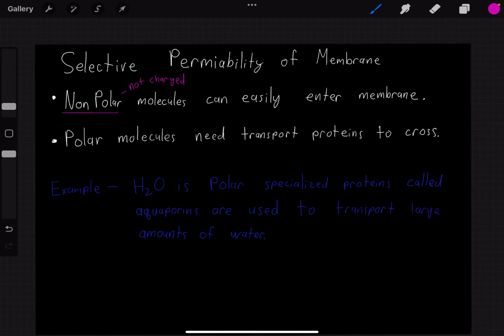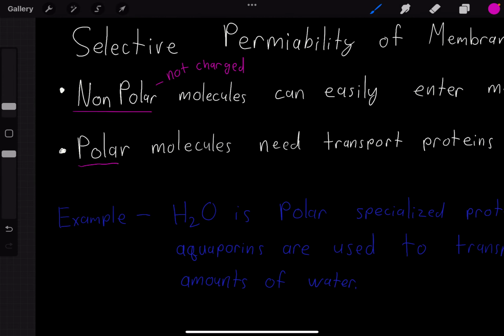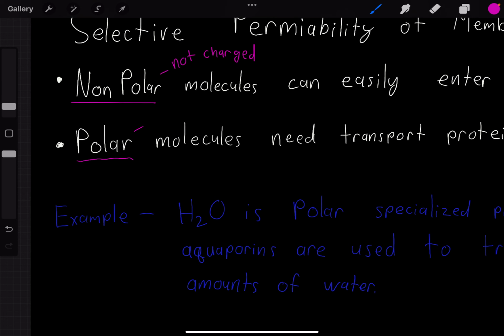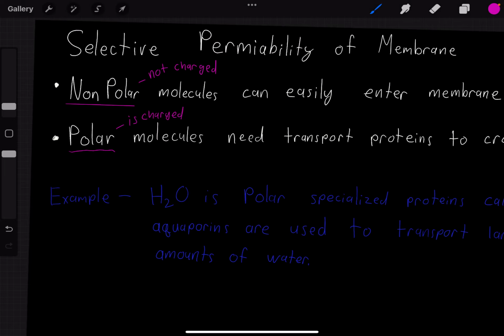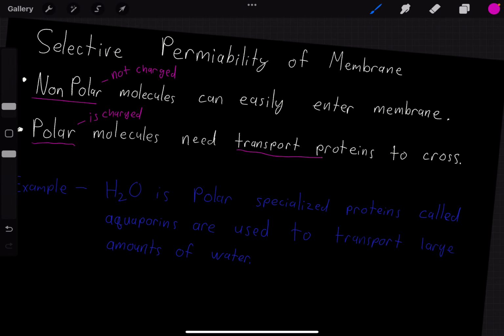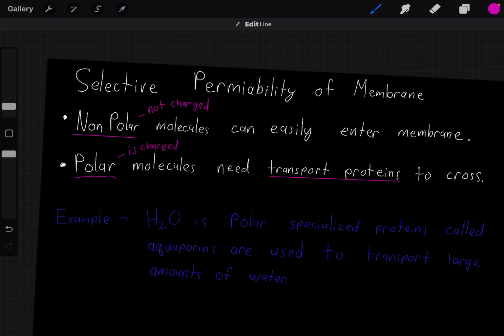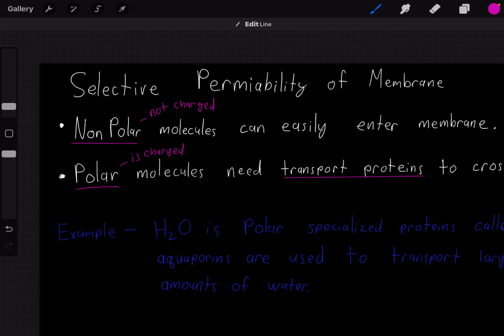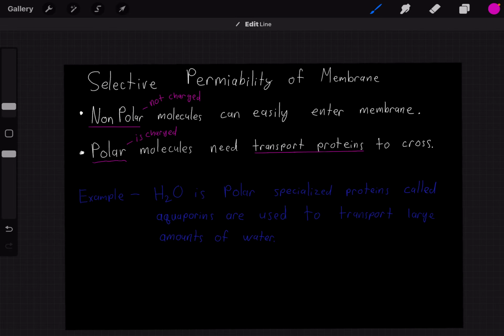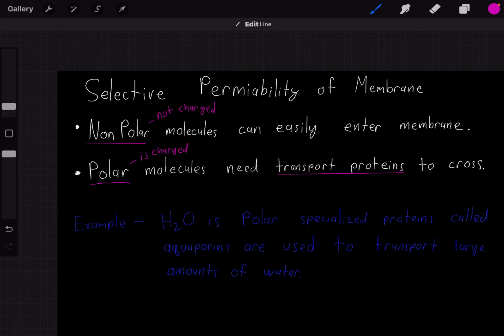Polar molecules, however, are charged, and they need transfer proteins because they can't just go through the membrane. So nonpolar uses simple diffusion, which we'll talk about later, meaning it can just go straight through the membrane.